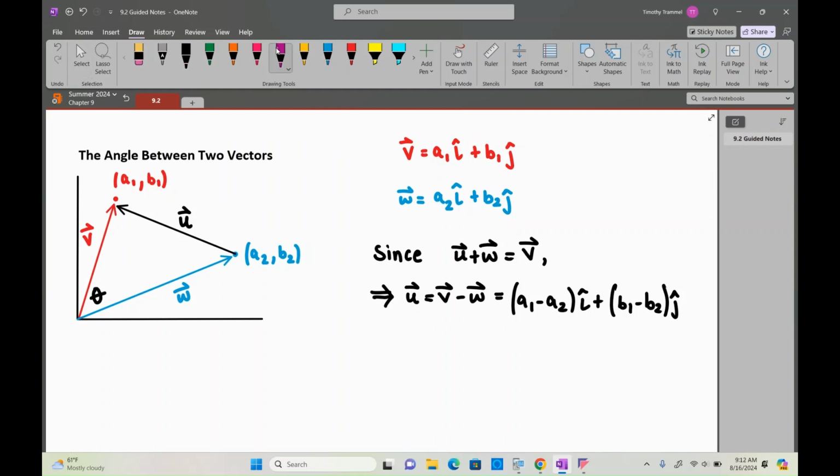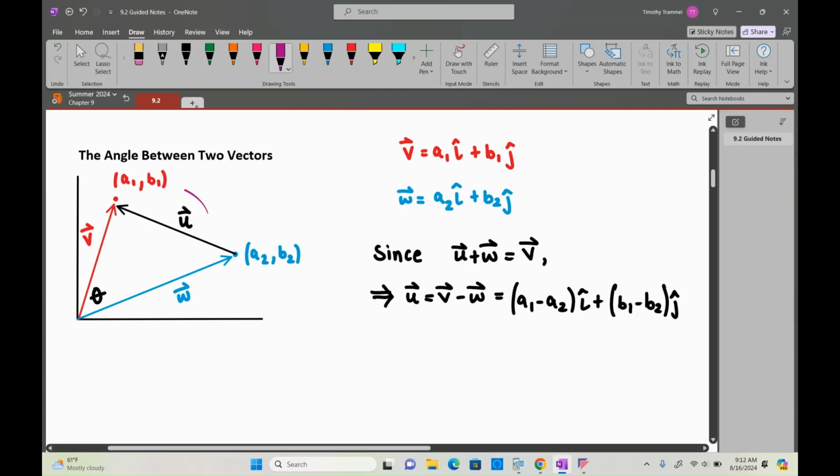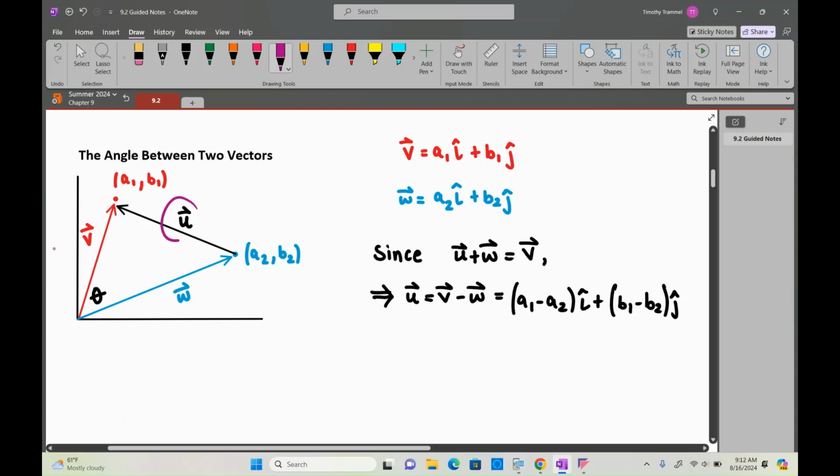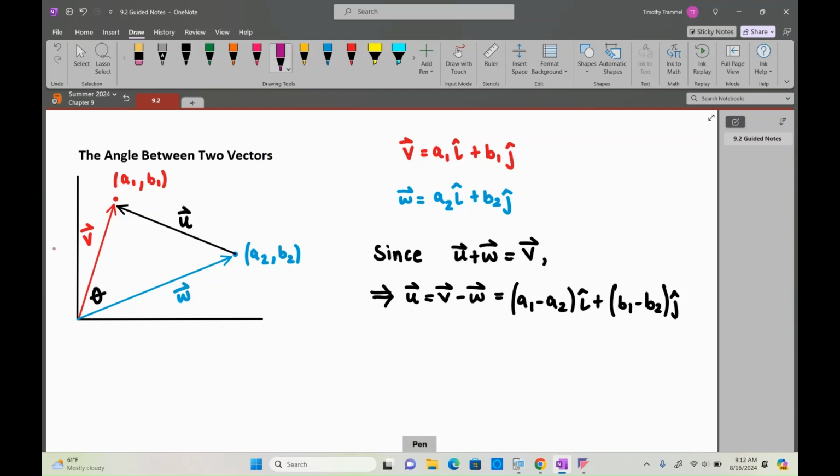What I want us to do next is consider this triangle that we have here. The magnitude of this vector would be the length of this side.